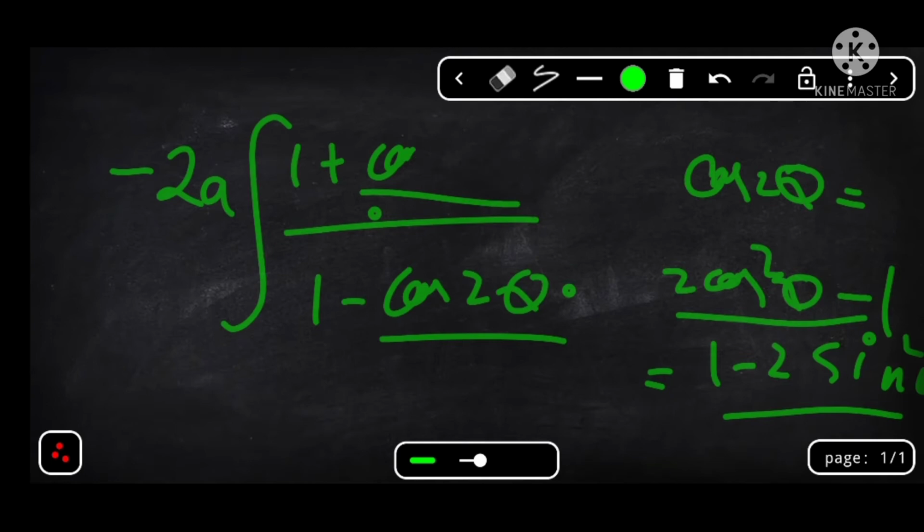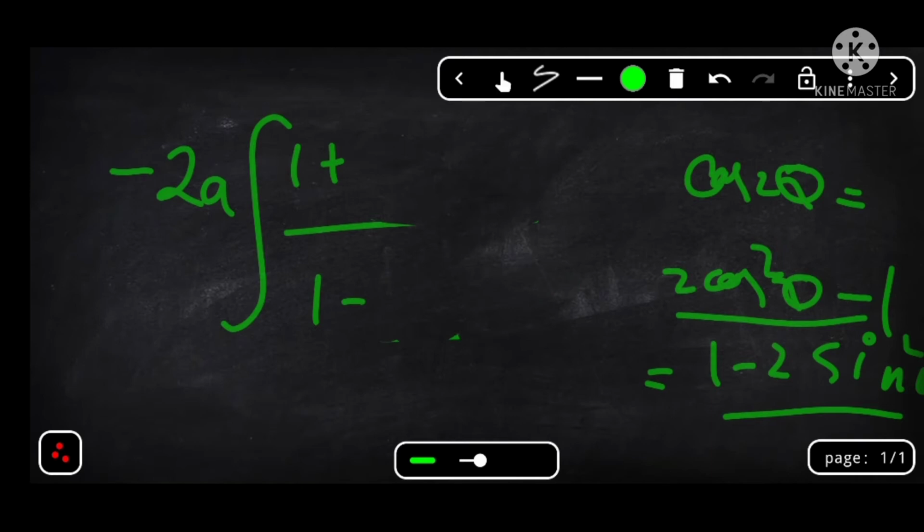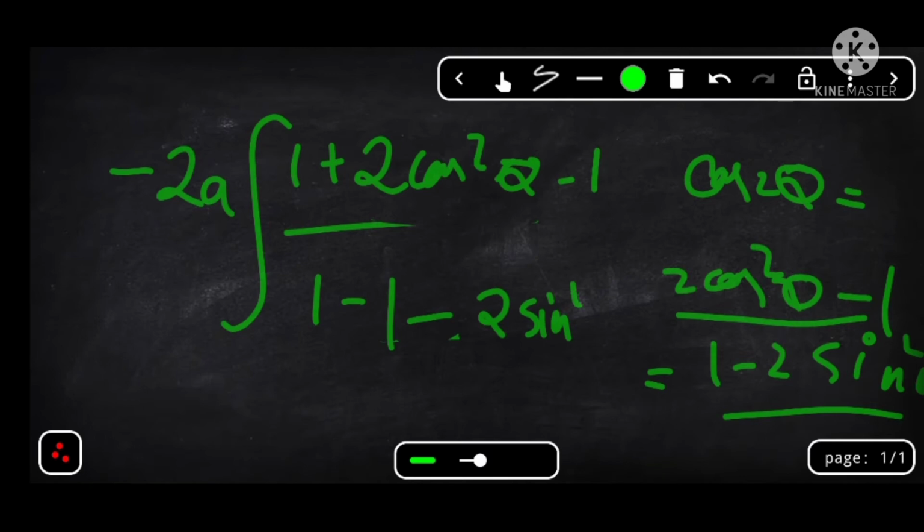So if I replace this one, so this will be 2 cos square theta minus 1, and this is 1 minus 2 sin square theta.